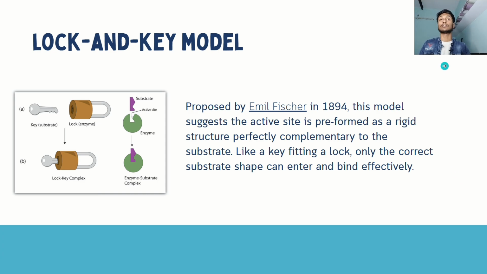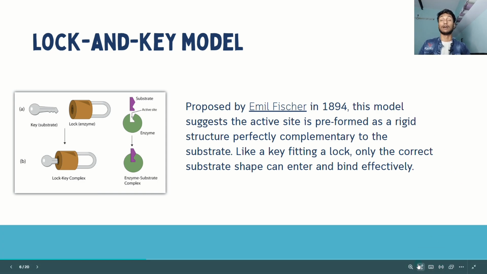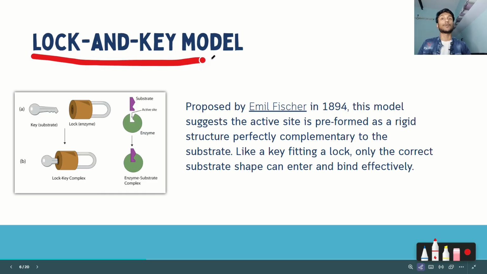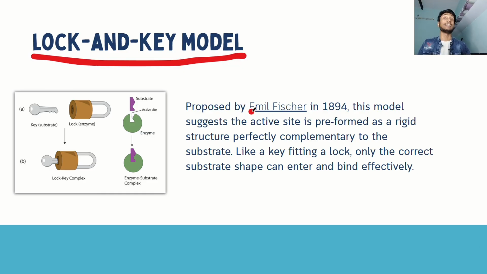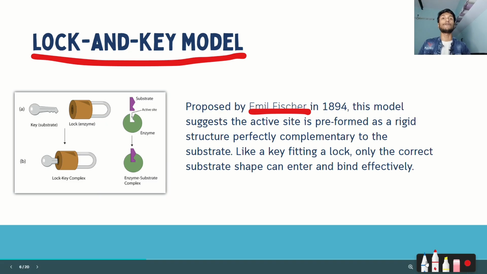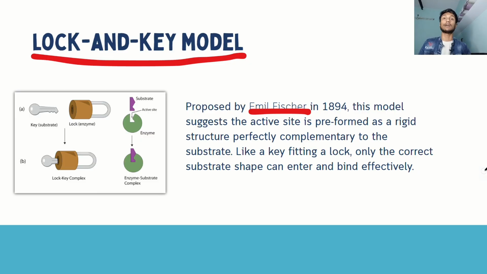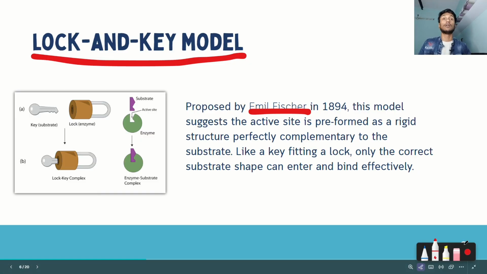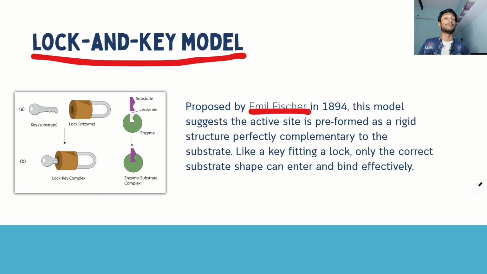Next we will discuss the lock and key model. It was proposed by Emil Fischer in 1894. This model suggests the active site is preformed as a rigid structure complementary to the substrate, like a key fitting a lock. Only the correct substrate shape can enter and bind effectively, like we know the mechanism of a lock.